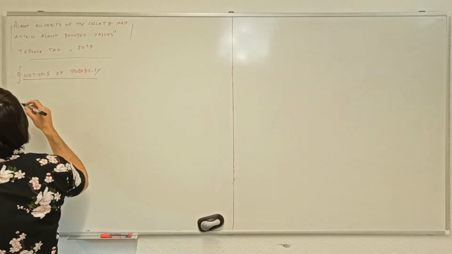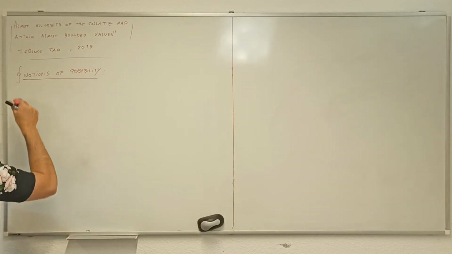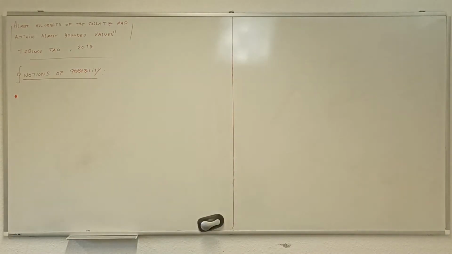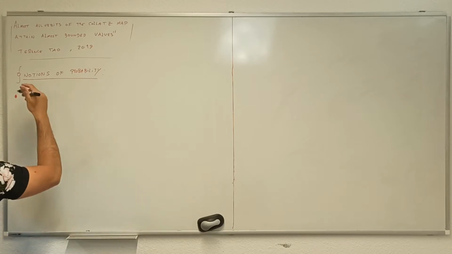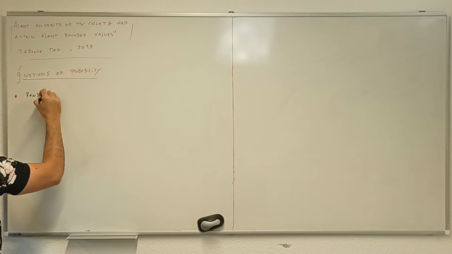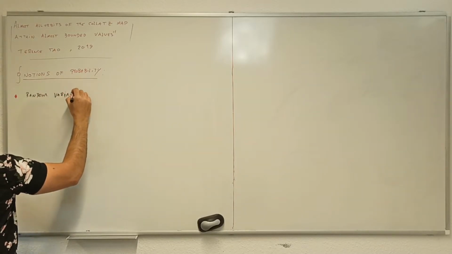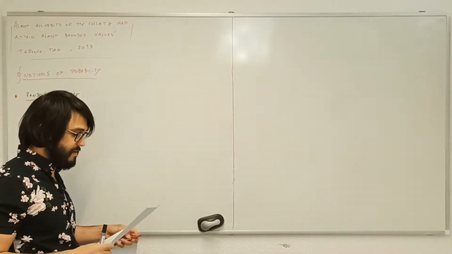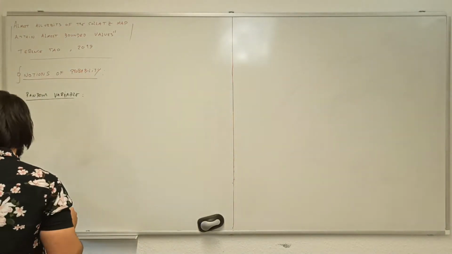Okay, so we start with a very basic thing, which is the definition of a random variable. So just to recall, we start from the very basic things, but we progress very fast.